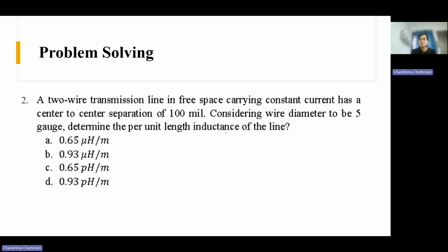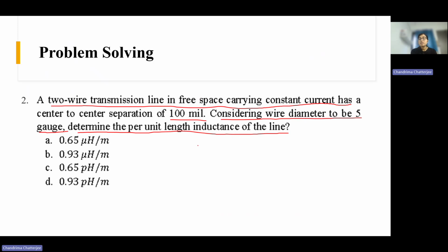Let's see the next question. A two-wire transmission line in free space carrying constant current has a center-to-center separation of 100 mil. Considering wire diameter to be 5 gauge, determine the per unit length inductance of the line.